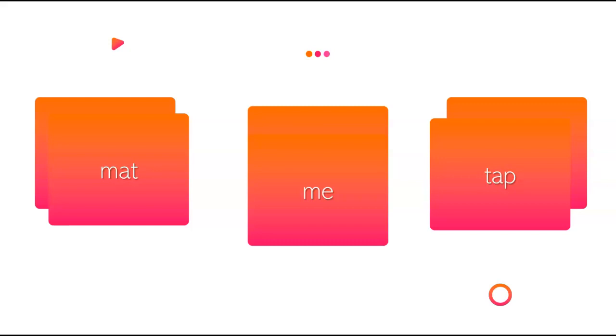For instance, if I give you 3 words, mat, me, and tap, and ask you which 2 words begin with the same sound, you would answer mat and me. Or if I give you 3 words, stop, tap, and ball, and ask you which words have the same final sound, you would answer stop and tap.